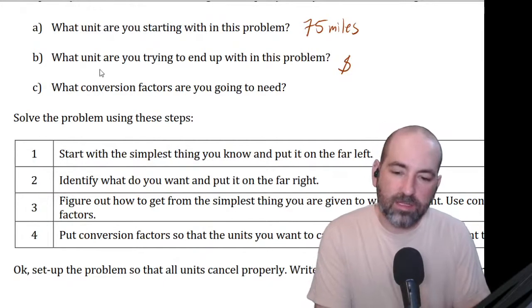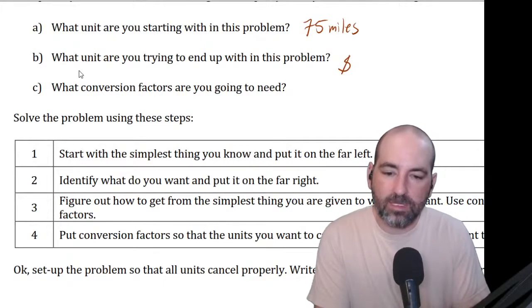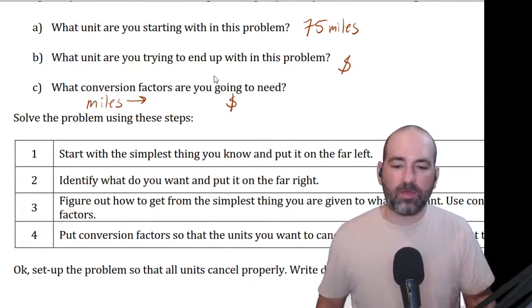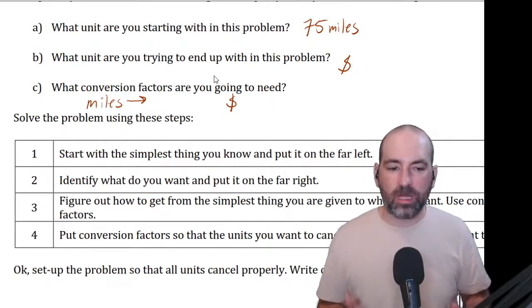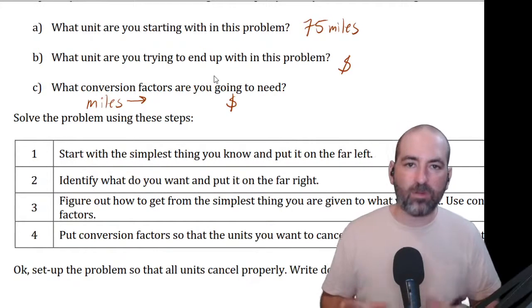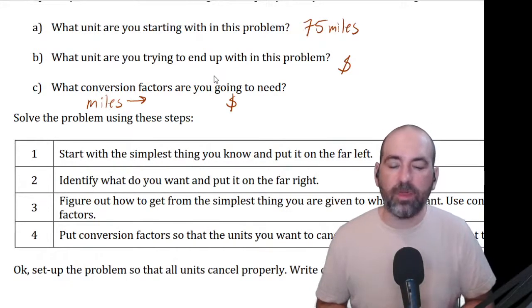So the way I like to think about this is, okay, I'm going to start with the unit of miles. And I'm going to end with the unit of dollars. But since I don't have a conversion factor that directly relates dollars and miles, I need some sort of intermediate factor or factors, depending on the problem, to get me there.